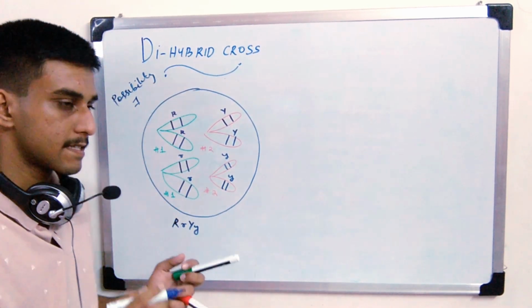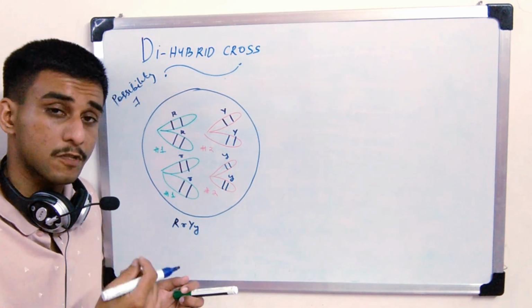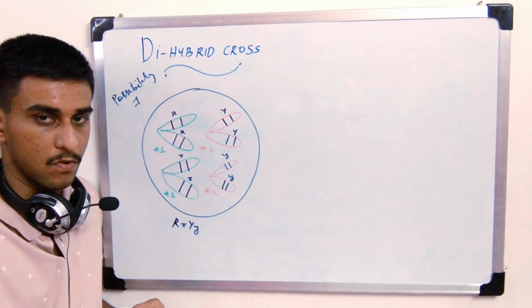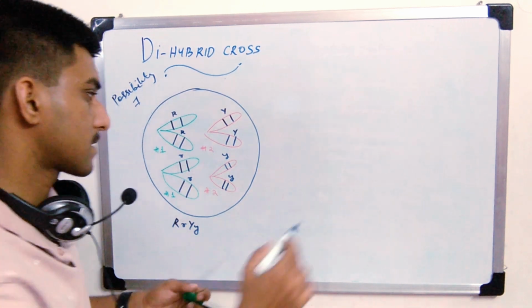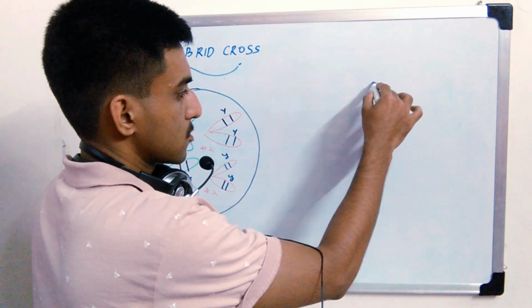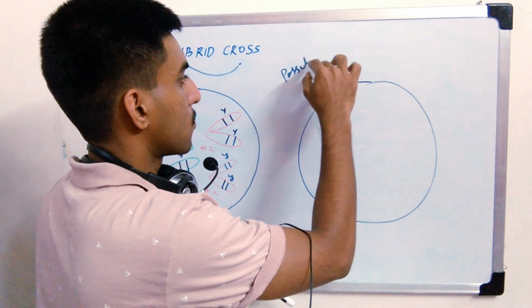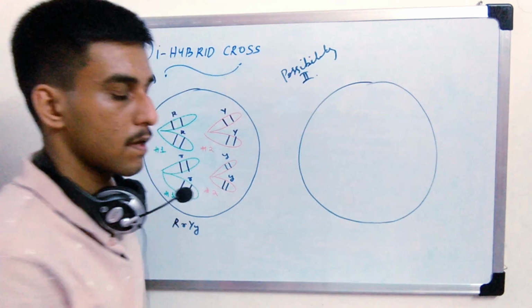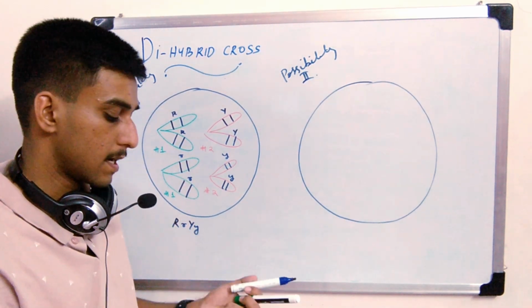Why did I say this is possibility number 1? Because there is another possibility of the arrangement of the chromosomes here also. What is the next chance? I will draw the next chance here. The next possibility, possibility number 2, can lead to the recombinants.